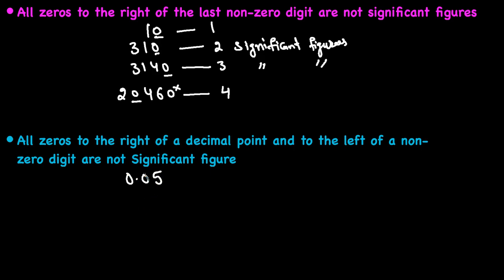In this case, this 0 is right of a decimal, you see, we wrote it here, right of a decimal, and it's left of a non-zero digit. So we are not going to count it as a significant figure. So in this case, we got only one significant figure.